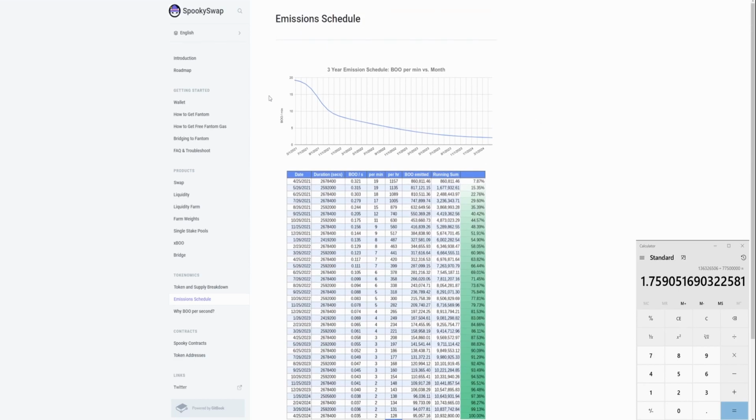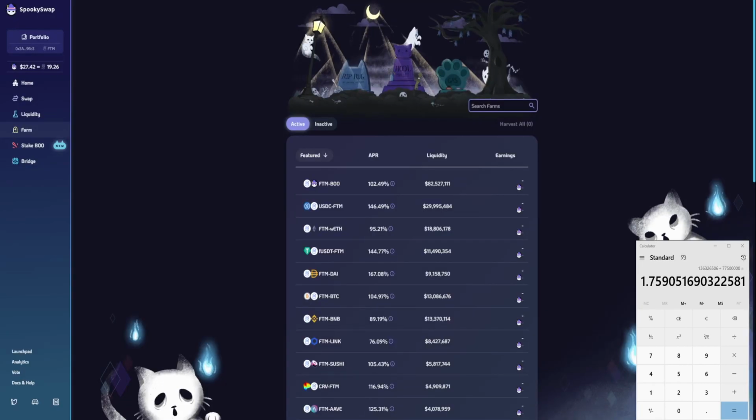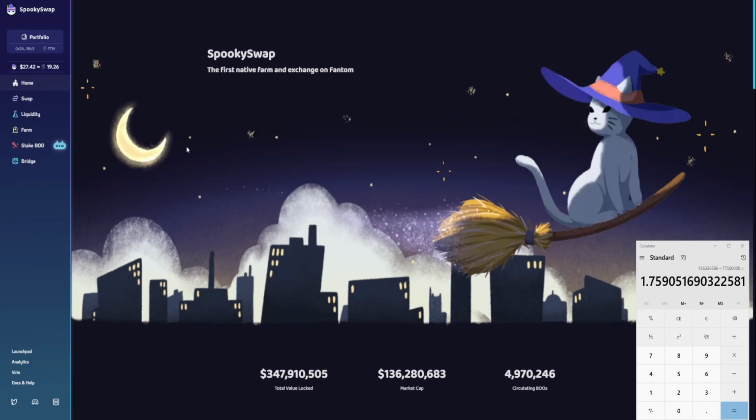And so for this entire period, you are going to be able to generate rewards. Now, notice how the rewards will go down over time. So Boo token's inflation will go down over the course of the 4 years or 3 years that it's been inflated. So I hope that explains how it's possible to generate huge profits on these decentralized exchanges.